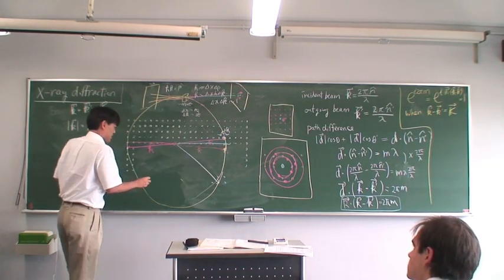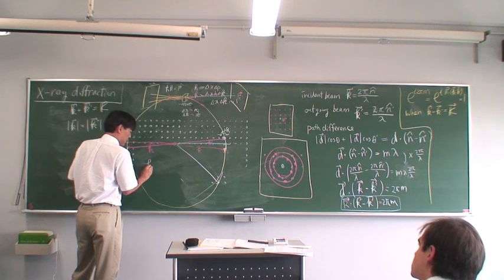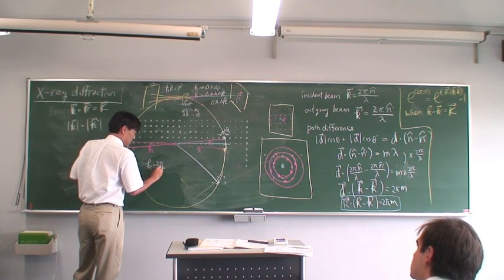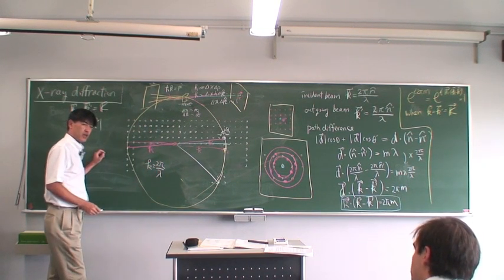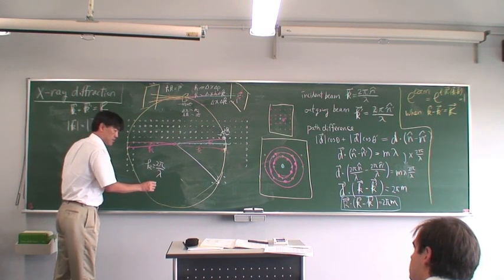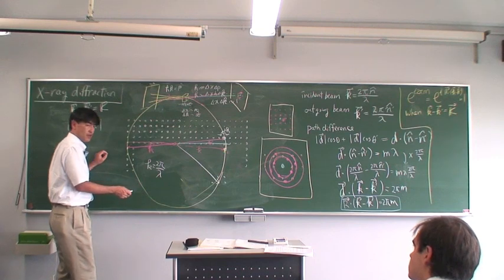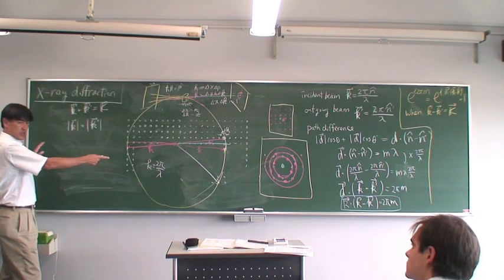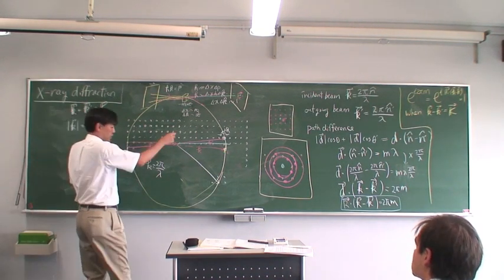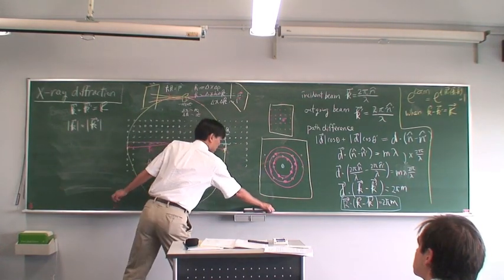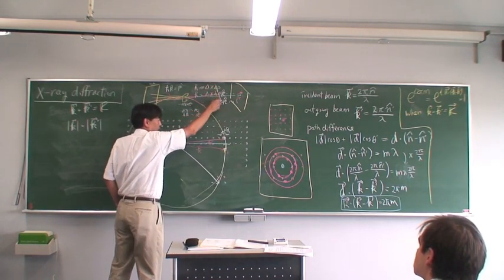By the way, k equals 2 pi over lambda is very large because we use X-ray, and X-ray has a very small lambda. So in fact, I draw this as an example, but the real sphere becomes practically flat.